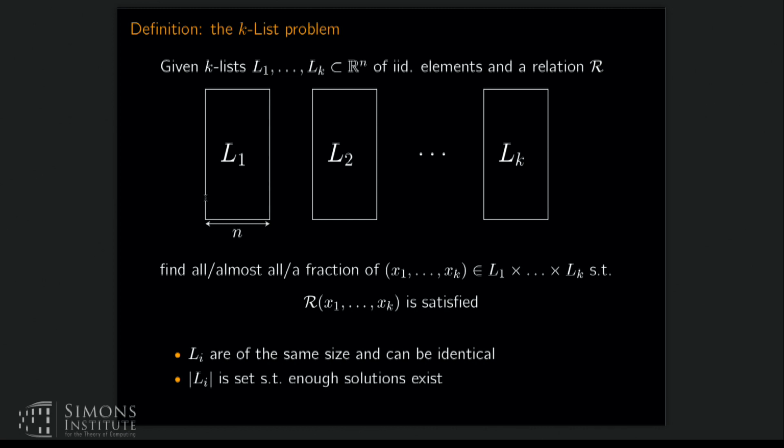In this problem, the lists will usually be the same size, and you should think about the size as being exponential in n, or maybe sub-exponential in n. They could as well be identical. For the problem to make sense, we should set the list size such that enough solutions exist. If we want to find all solutions, then there should be at least one if we want to find at least one solution.